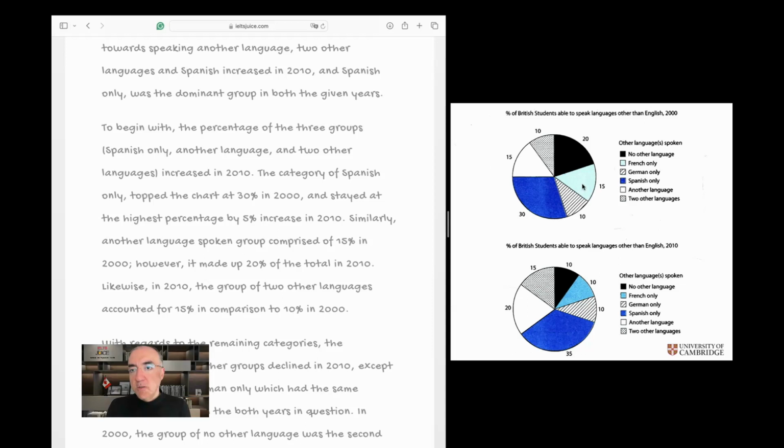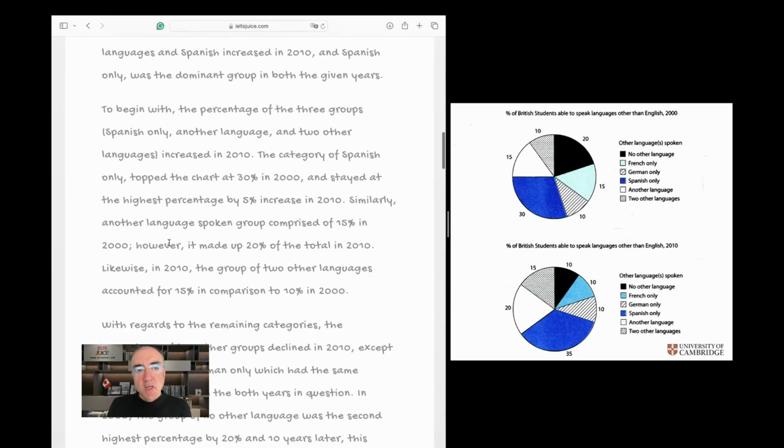The chart shows 2000, Spanish only, 30%. And stayed at the highest percentage by a 5% increase in 2010. Correct. I wouldn't put a punctuation mark here because we are still on the same topic. We are still talking about the Spanish only category.